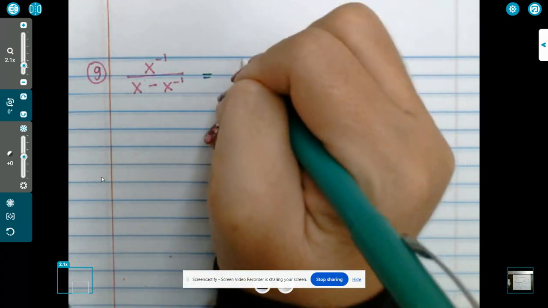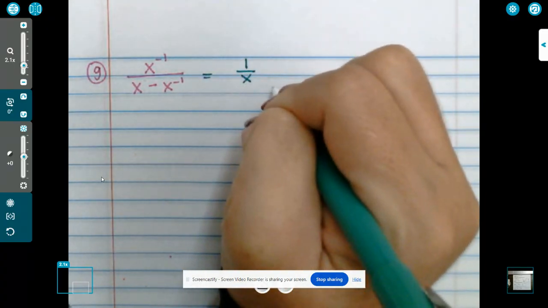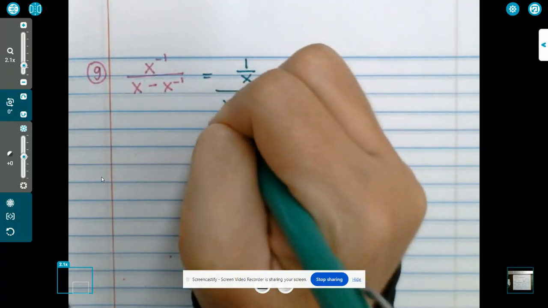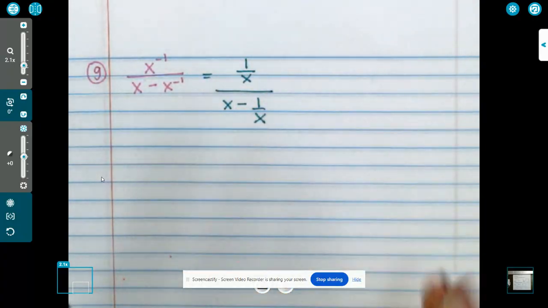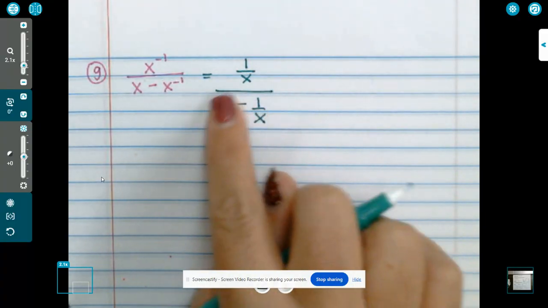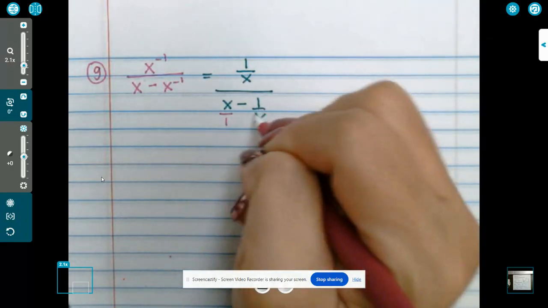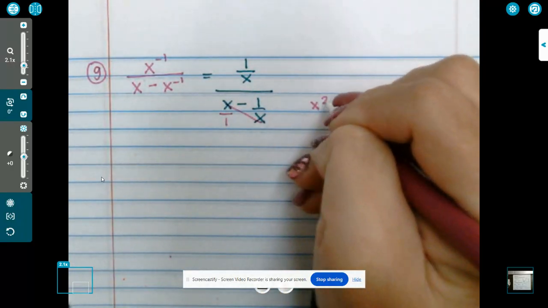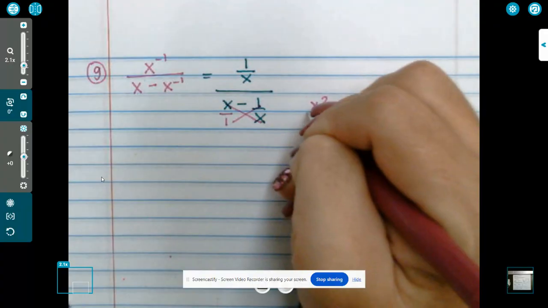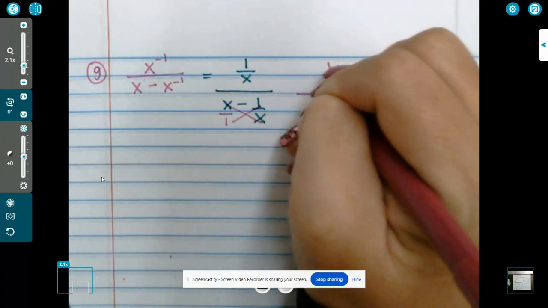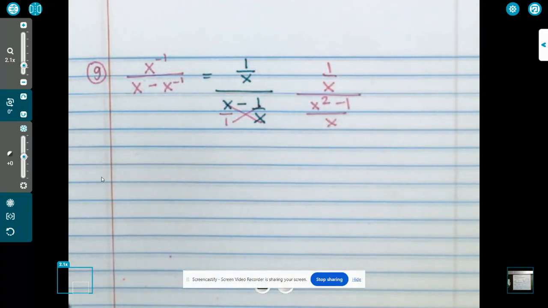This will be the same thing as 1 over x on the top over x minus 1 over x on the bottom. All right, well, the top's one fraction. We'll deal with that. Let's get the bottom to one fraction. So if I 3-step cross multiply again, put the 1 here, x times x is x squared, minus 1, over x, and 1 over x is on the top.